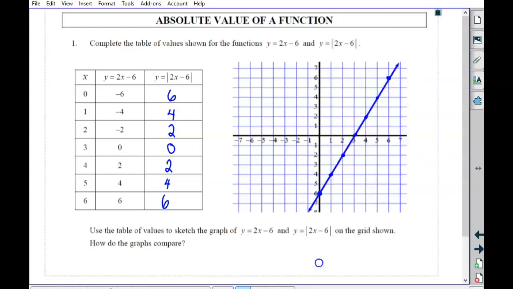Okay, so that's your y equals 2x minus 6.